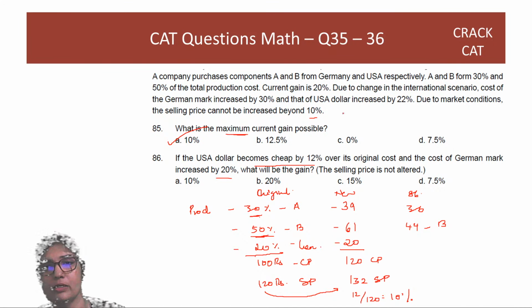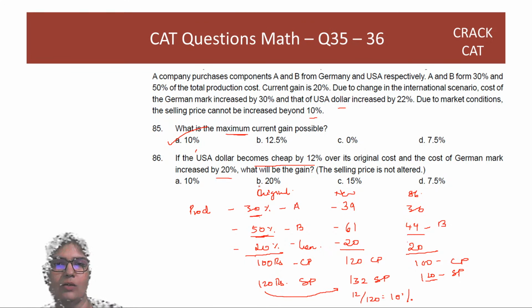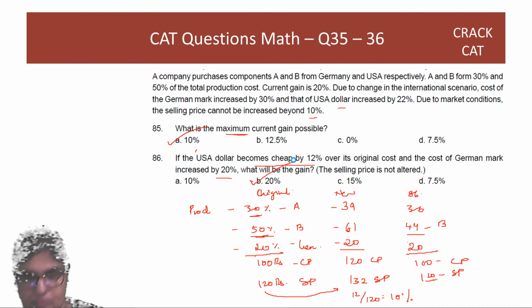Selling price is not altered from the original. Okay, तो ये 80 है, जो पहले 80 था अभी भी 80 है, ये 20 है, तो ये 100 हो गया. And original cost price is 120. Selling price is 120, so 20 का profit रहेगा original. Right? Great guys, next question.